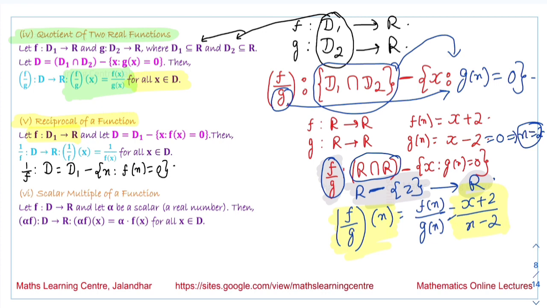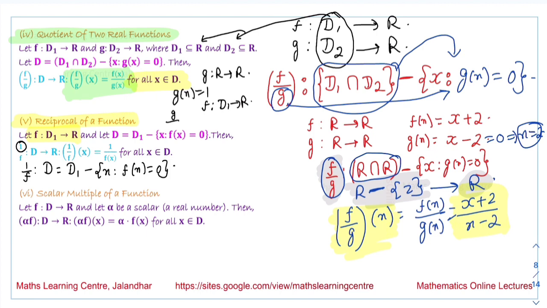You can just consider it like the quotient function. There is a constant function, say gx is equal to 1, defined from r to r. There is another function f whose domain is d1 to r.